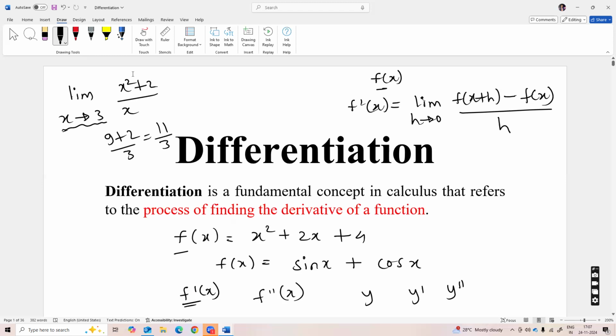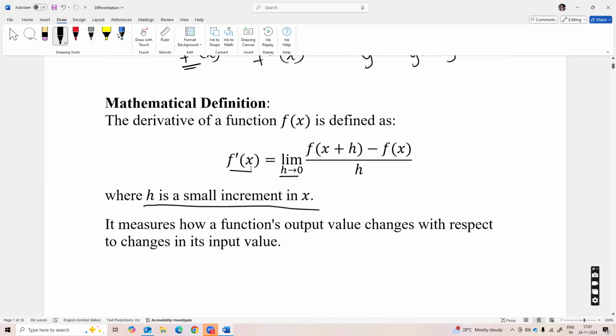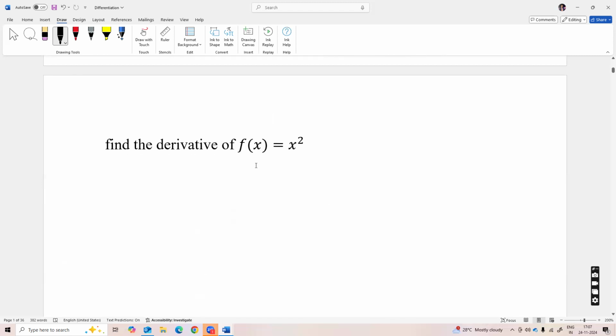Let's see, if you have function f of x equal to x square, how we will find its derivative. Let's consider h as a very small increment.